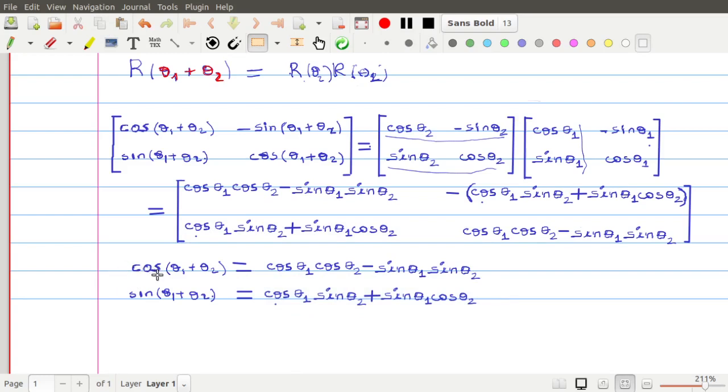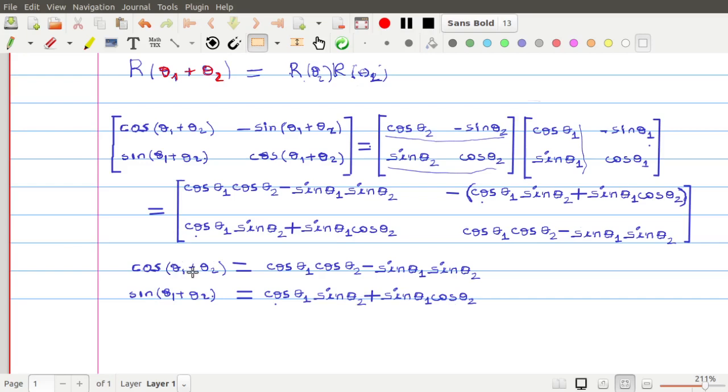So we have cosine theta 1 plus theta 2 equal to cosine theta 1 times cosine theta 2 minus sine theta 1 sine theta 2. And for the sine, we have sine theta 1 plus theta 2 equal to cosine theta 1 sine theta 2 plus sine theta 1 cosine theta 2.